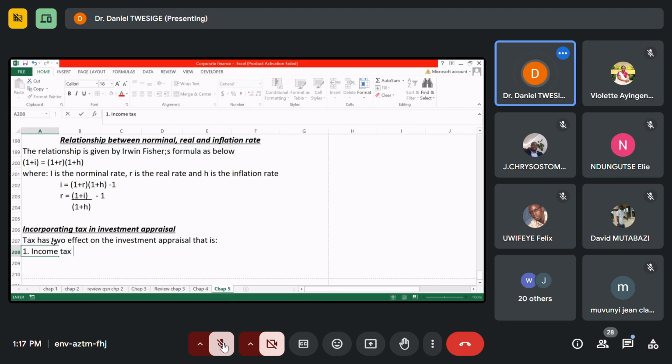Income tax to be calculated from the profit generated, which is a cash outflow.